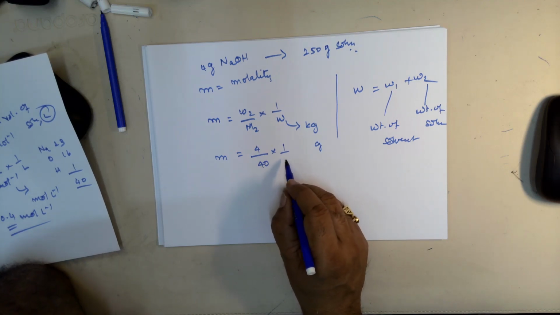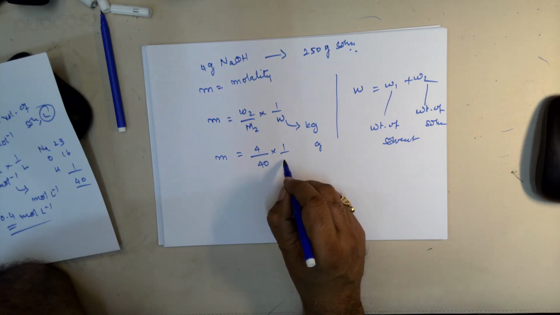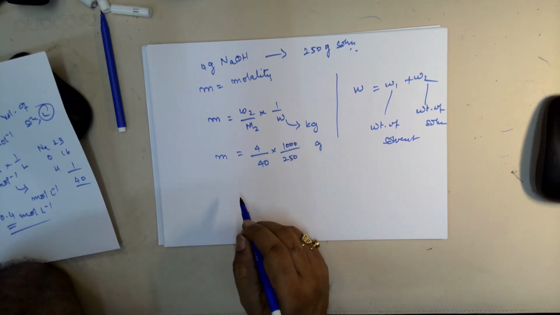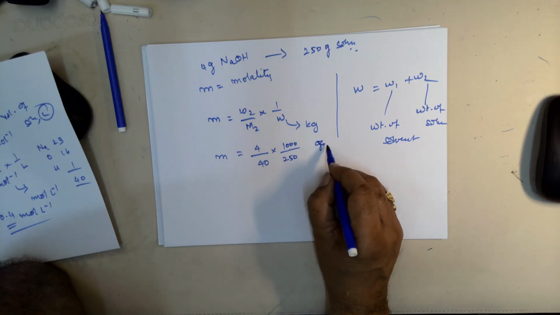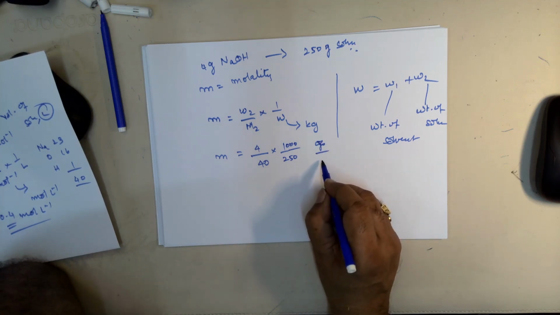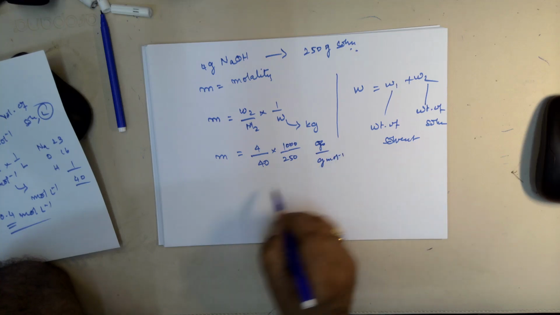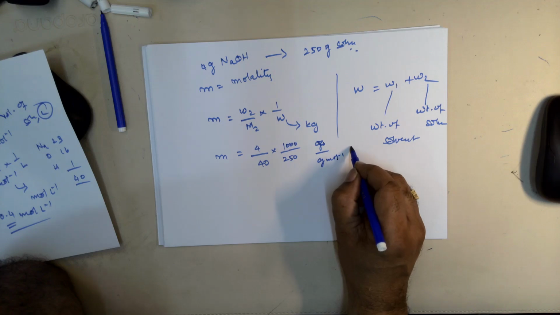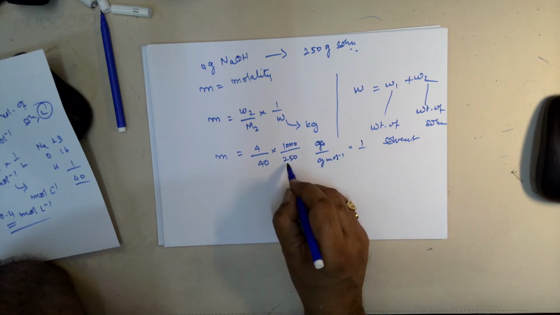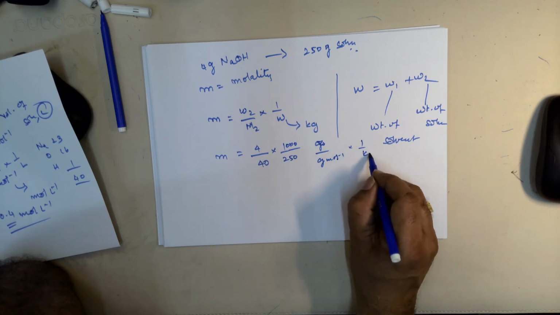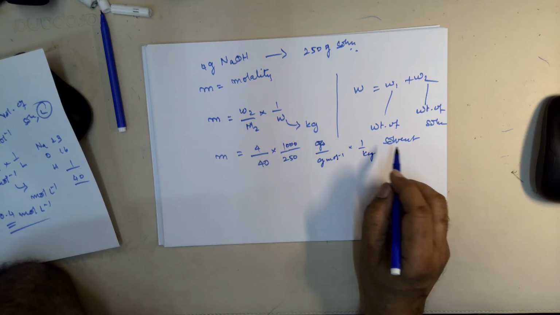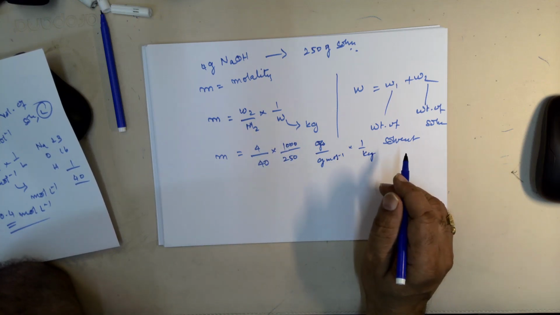But we have to convert it into kg, so we did 1000 by 250. Gram divided by gram per mole, and then 1 by, what about this one? This is in kg because we already converted it, is it not?